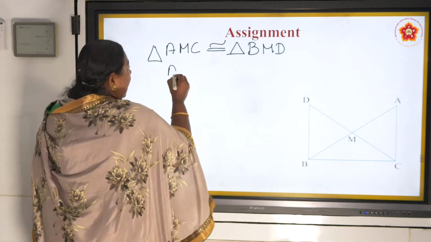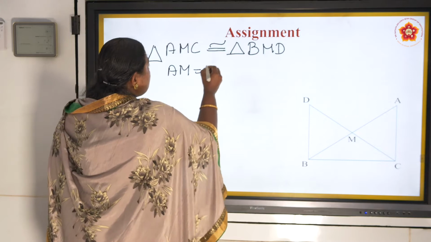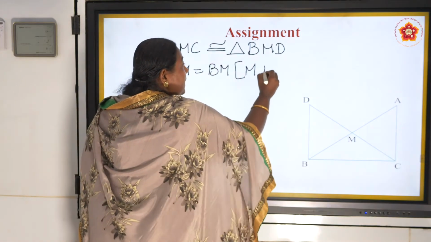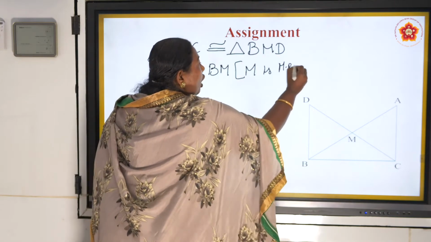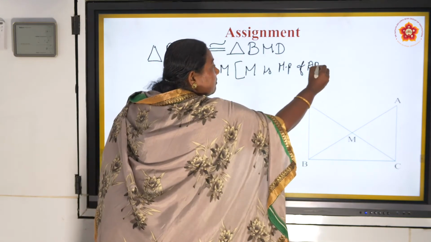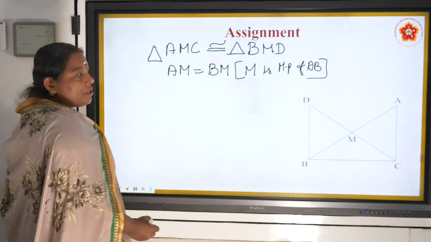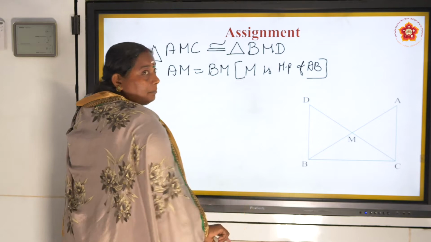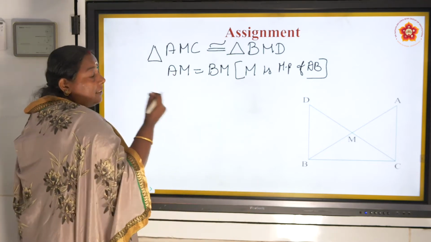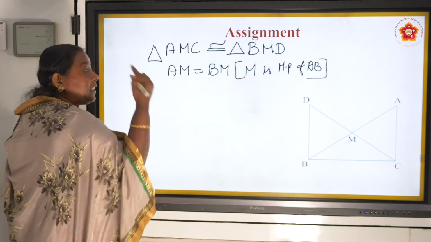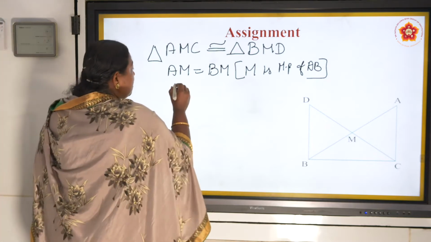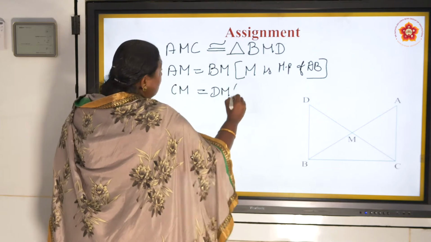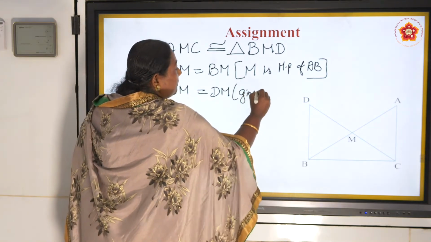That means AM is equal to BM, because M is the midpoint of AB. This is already given in the question. Next, they have also given that CM is extended to D in such a way that CM is equal to DM.